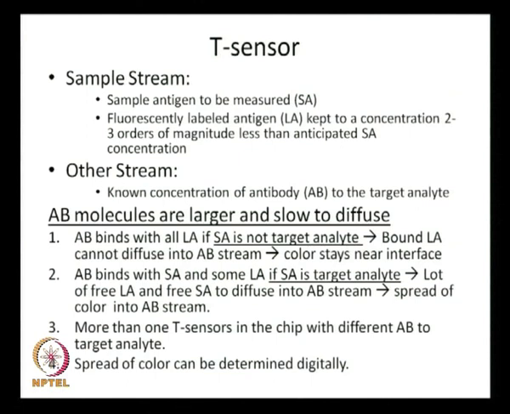If SA is the target analyte, SA is there in very large quantity. At the very outset I said that LA concentration is intentionally kept 2 to 3 orders of magnitude less than the anticipated SA concentration.